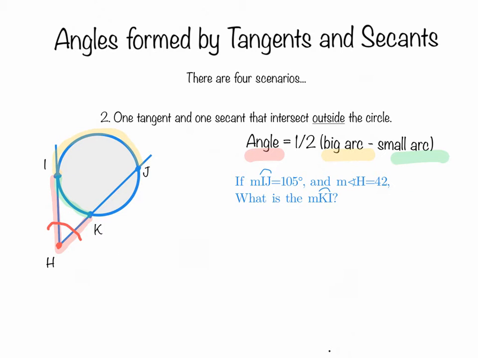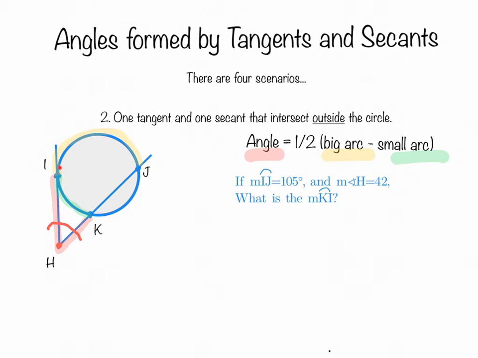Okay, this next example, we're given a tangent and a secant. It divides our circle into 2 arcs here. So this yellow arc is our big arc, and the green one is our small arc, and this angle out here is our angle. What is the measure of arc IJ? It is 105.